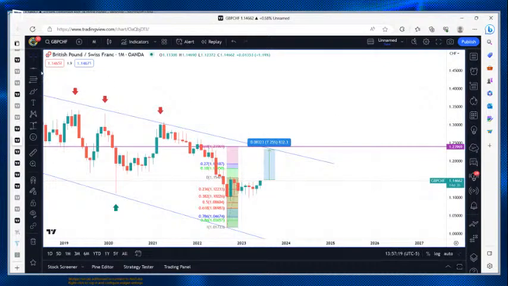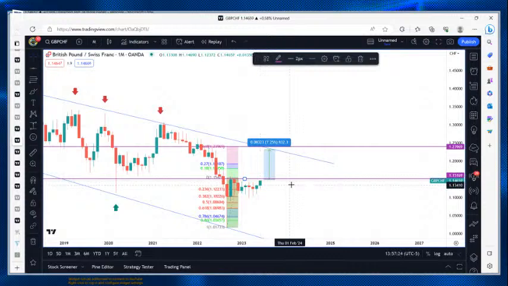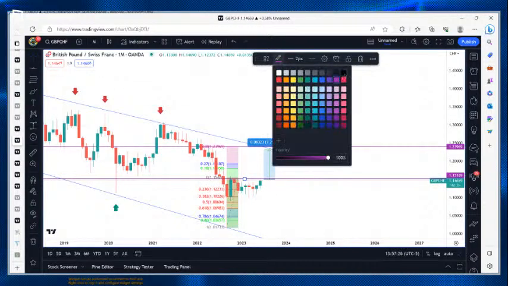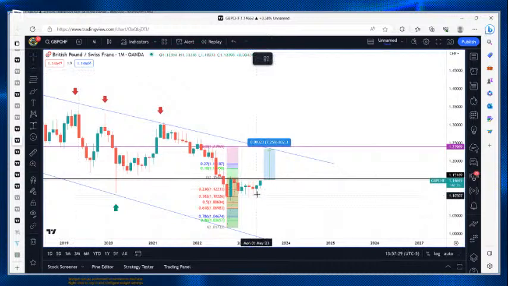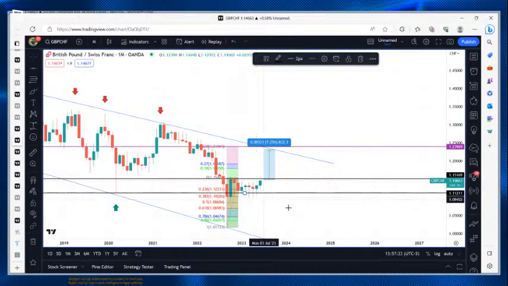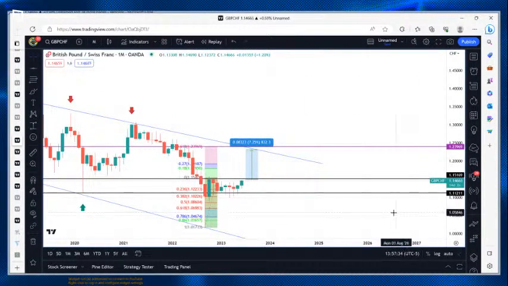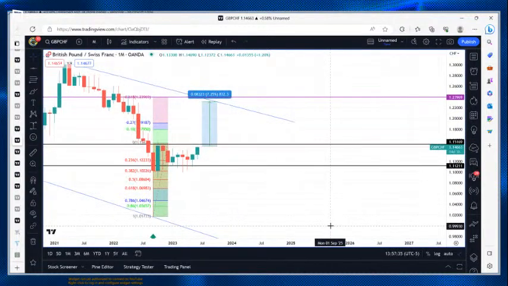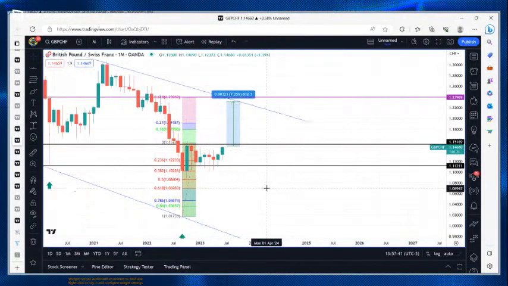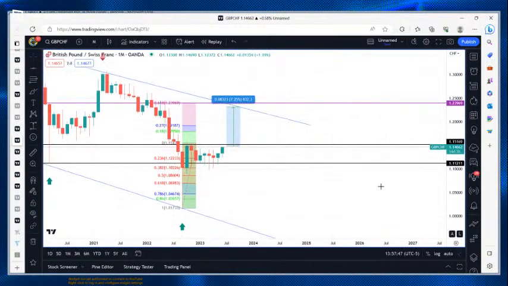If we look at this, see how we got that high, and then we got these lows. The market could travel up 832 pips, but now that I'm seeing this, we got these lows. As long as we got these lows, we're still looking to buy this market.